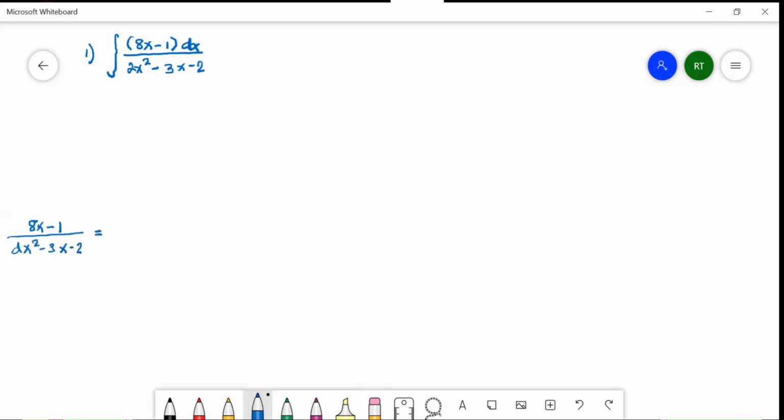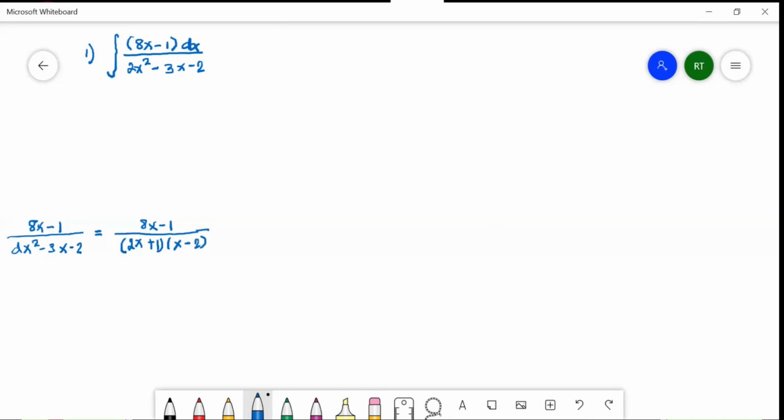And since the denominator can be factored into two linear factors, we have 8x minus 1 over the denominator, which can be factored as 2x, and the other factor will have x here. Since negative 3 is the middle term, then this must be negative 2 and this must be positive 1.